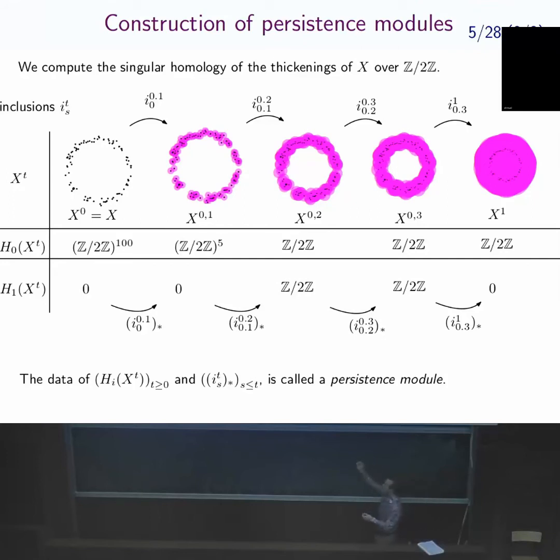At the algebraic level, by applying the homology functor, we obtain linear maps between these homology groups. The data of the homology groups plus these linear maps is called a persistence module. And this is the main object of persistent homology.